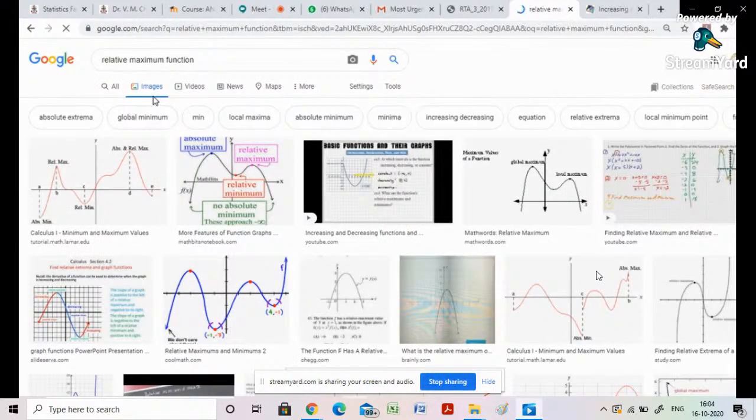Yeah, here you can see the relative maximum. There are several figures here.